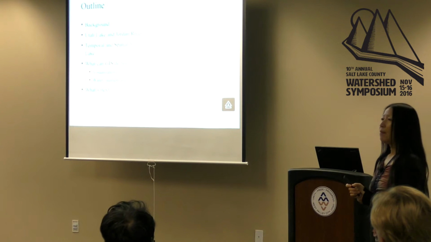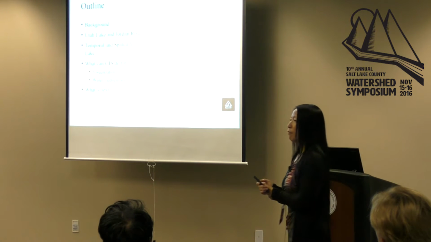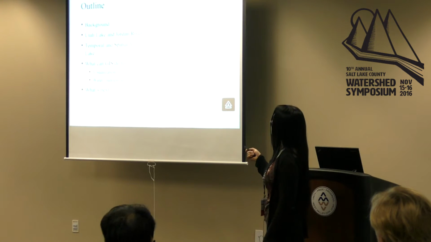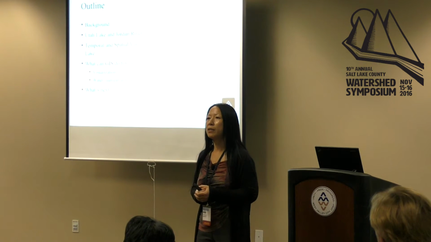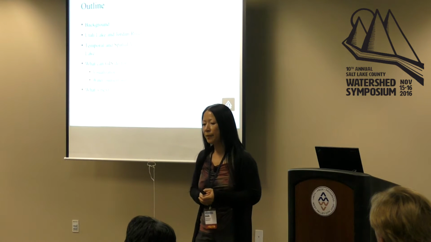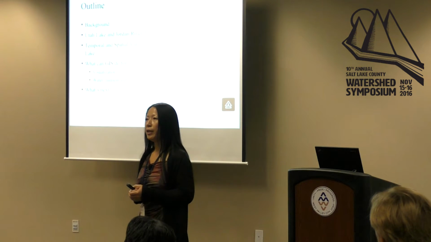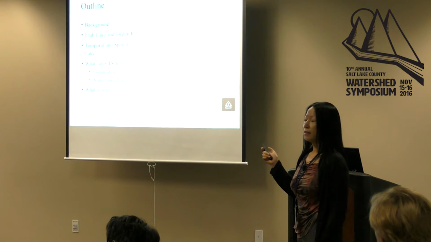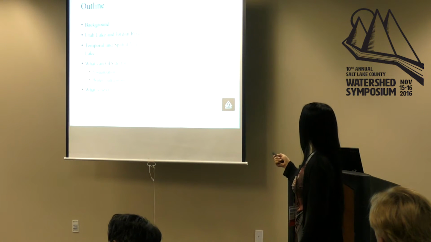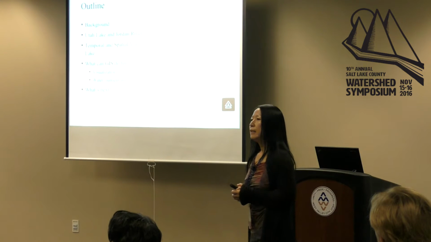So basically, I'm going to give you a little background information and then introduce you to several of the projects we're doing. I'm going to show you some very specific data on biogeochemistry and trace metal analysis. The first one is going to be on the transect.